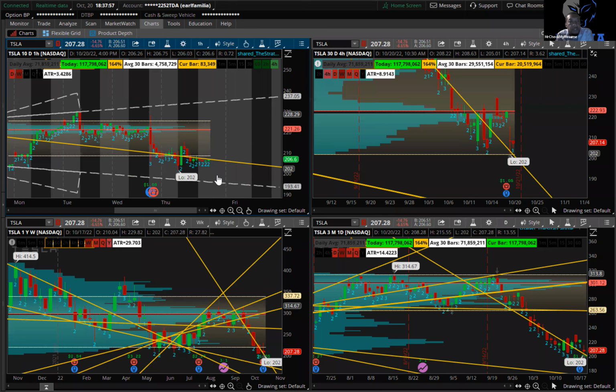Gotta see how it opens up tomorrow. Also, the weekly continuity is at 210. So as soon as it crosses 210, it'd be green to the upside on the week. That's what I was looking at.